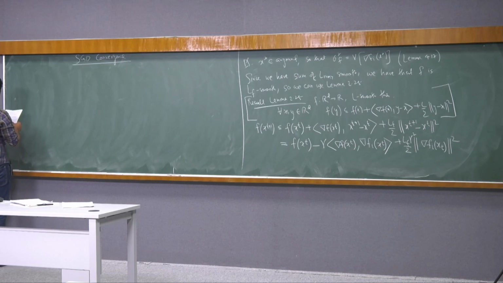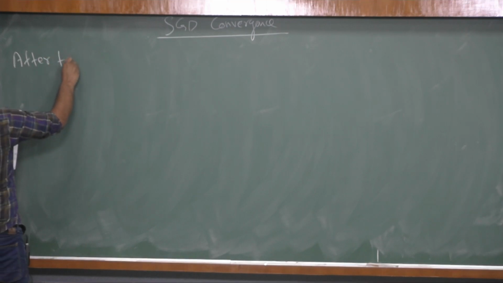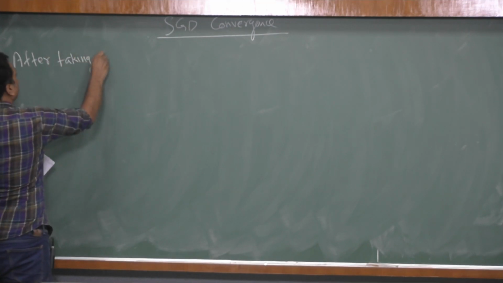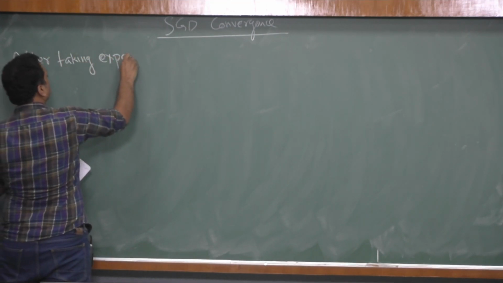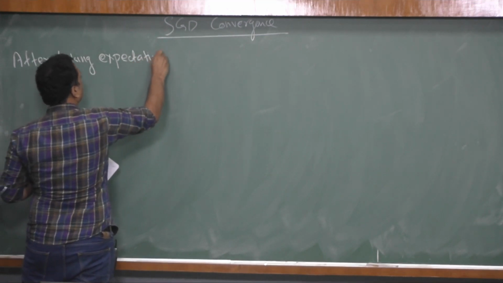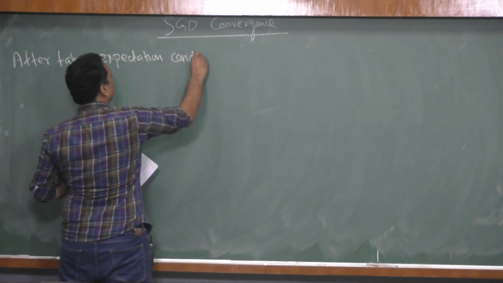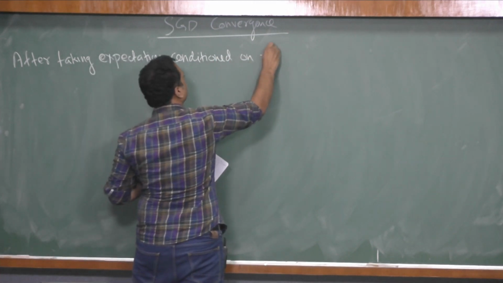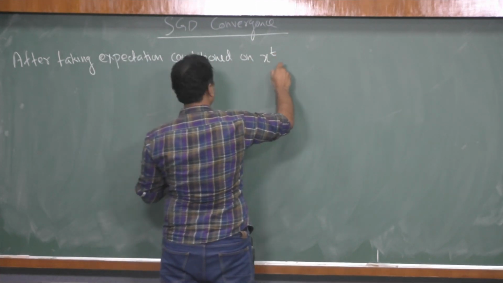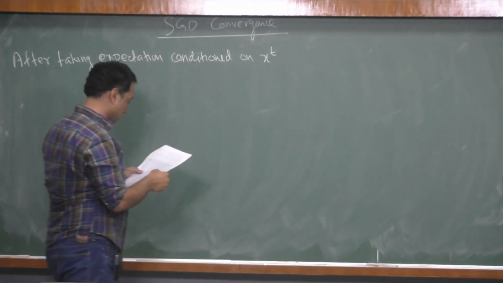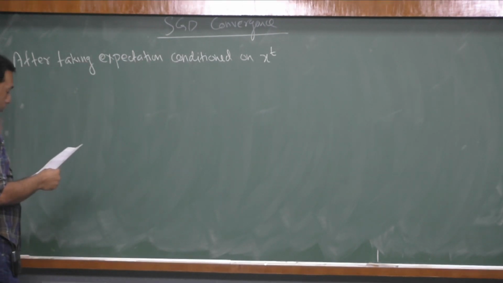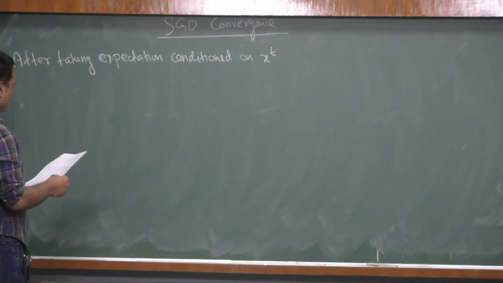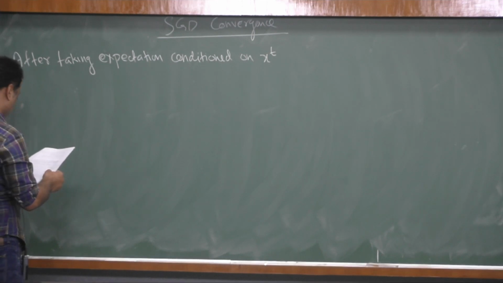So after taking expectation, conditioned on x_t, and then I mean we will do variance transfer, but let us do that as the next step. So first let us do this expectation first.